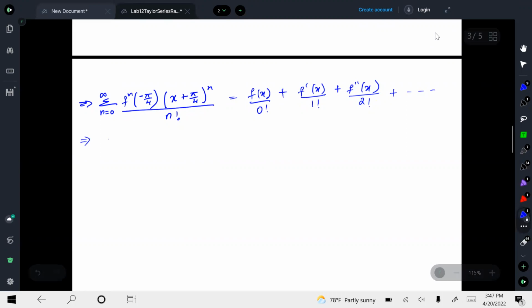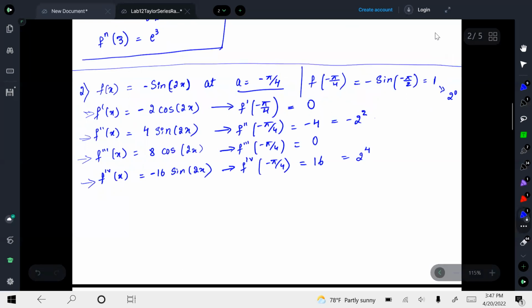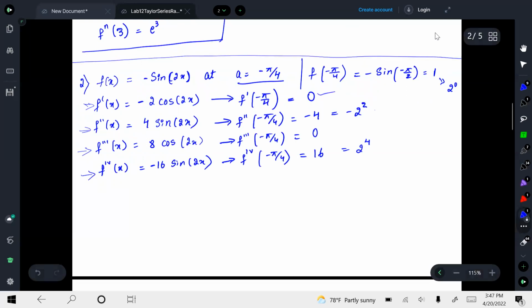So we can write 1 as 2 to the power of 0, x plus pi by 4 to the power of 0, because n is 0, divided by 0 factorial, plus, what was f prime of x we got? 0, right?